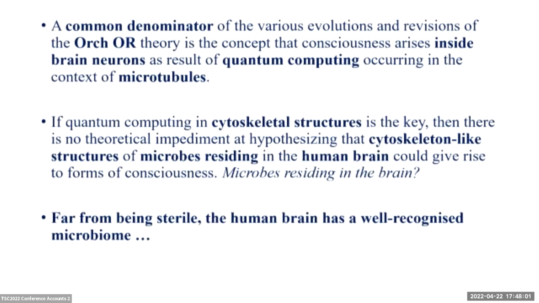So it could be cytoskeleton-like structures, like tubulin-like molecules of microbes, or cilia of microbes, and why not DNA of microbes? But are there microbes inside our brains? Yes, there are. Far from being sterile, the human brain has a well-recognized microbiome.